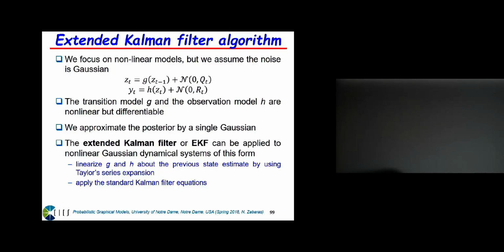Actually there are versions of this where you can use first order Taylor expansion and also second order Taylor expansion. You can do anything you want to. The idea is once you approximate this using, let's say, a Taylor series expansion, it will give you a linear term in z t minus 1, or a linear term in terms of z t, so a derivative times z t minus 1.